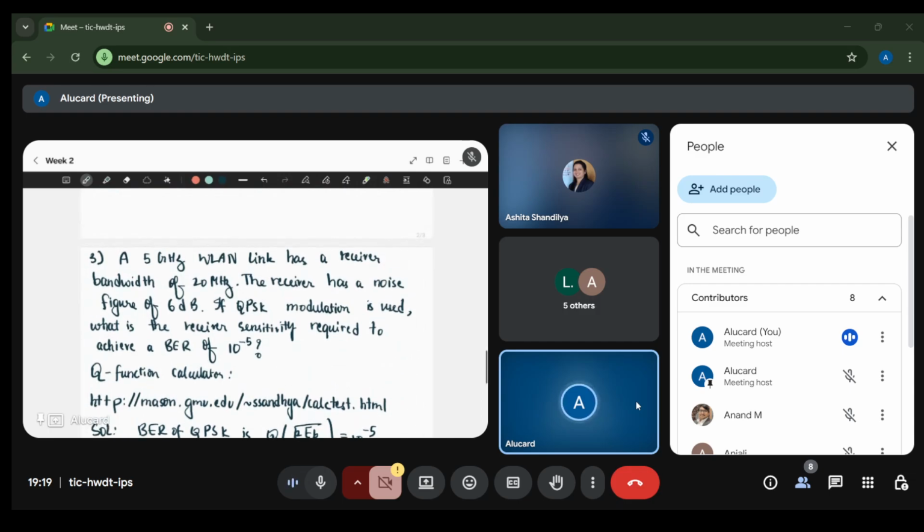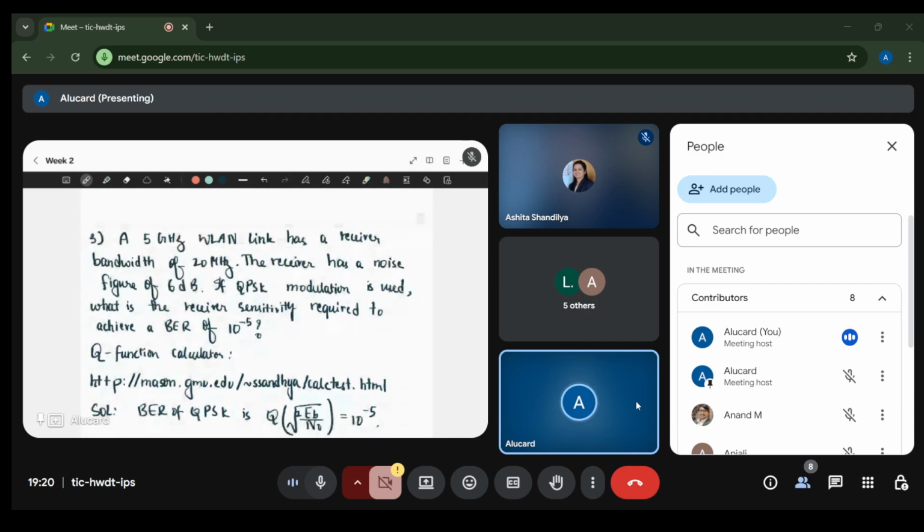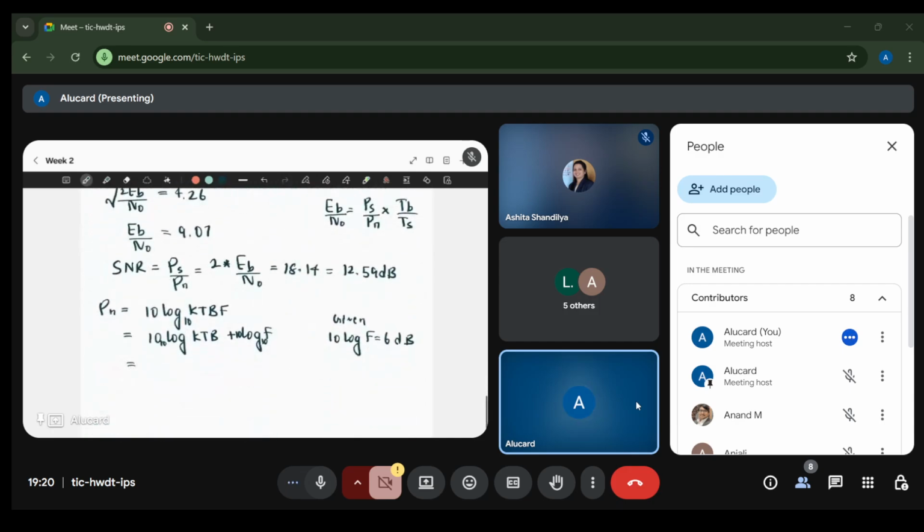Temperature they haven't really given. You can just take the room temperature. I'm not sure what exactly.